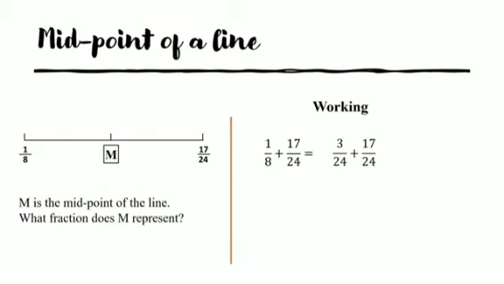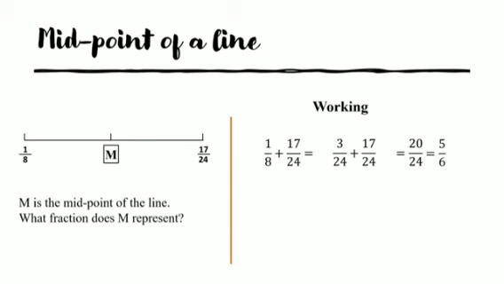So now that we have both fractions with the same denominator, we can add both of them by simply adding the numerators. 3 plus 17 would be equal to 20, so that the fraction 3/24 plus 17/24 would be equal to 20/24. This can be reduced to 5/6.